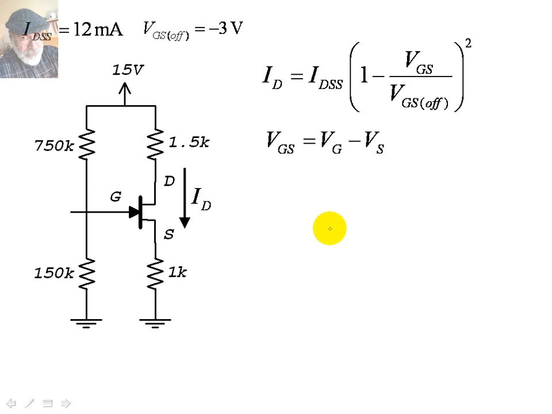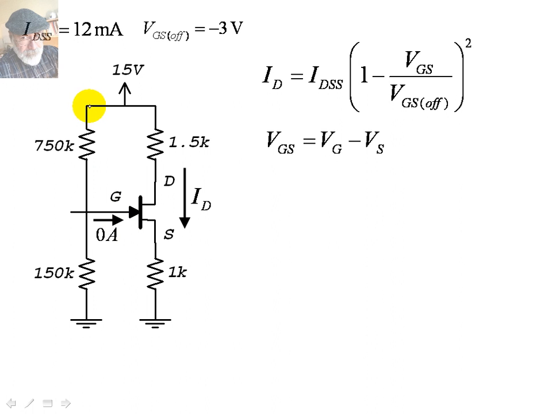We begin with this. Let's compute VGS, this voltage. For that, I'll need VG and VS. Well, VG is how much higher the gate is than the reference node. It's easy to compute because the current in the gate is 0.